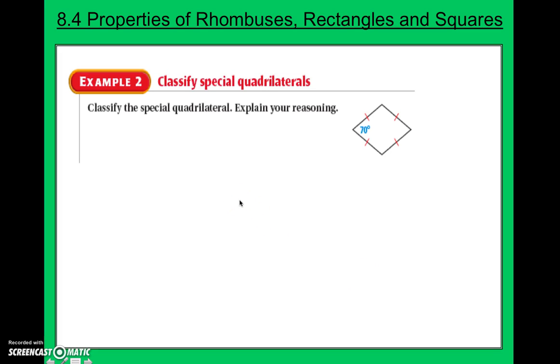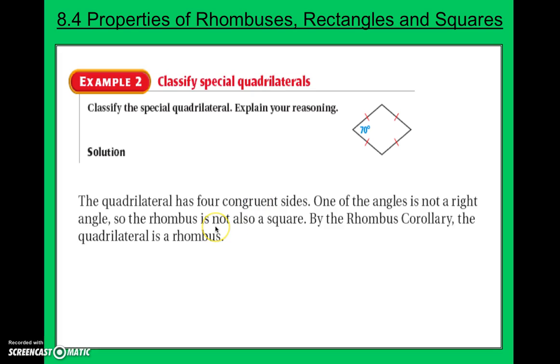Classify the special quadrilateral and explain your reasoning. So how would you classify this according to all those properties that we have seen? The quadrilateral has four congruent sides.